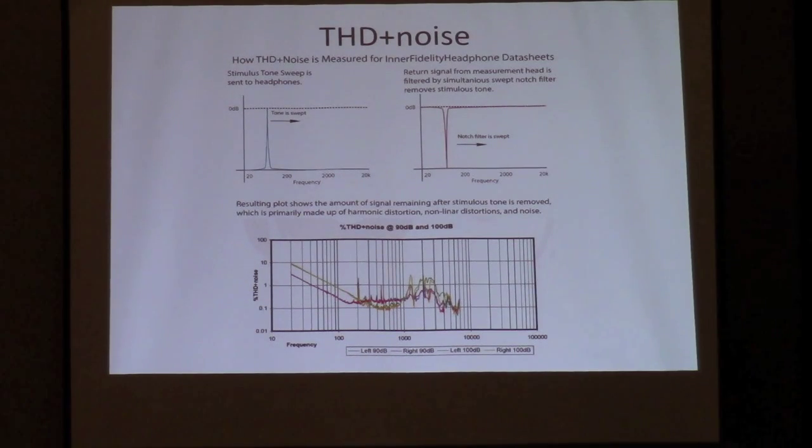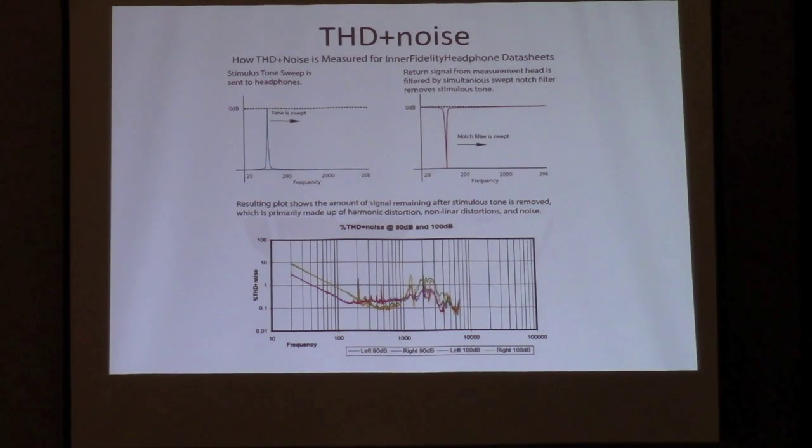So I'm going to talk to you a little bit about distortion and the transfer function. How we measure distortion is you put in a probe tone at 60, 70 hertz and move it up. You put in a probe tone, and then you put in a filter on the receiving end and filter out the probe tone, and then you just measure how much energy is left. So it's a measurement of anything other than the tone that you're putting in there.